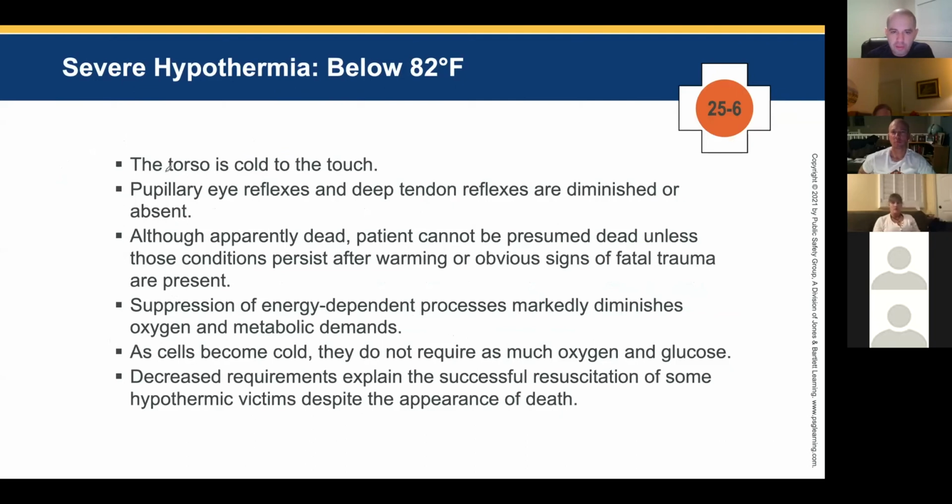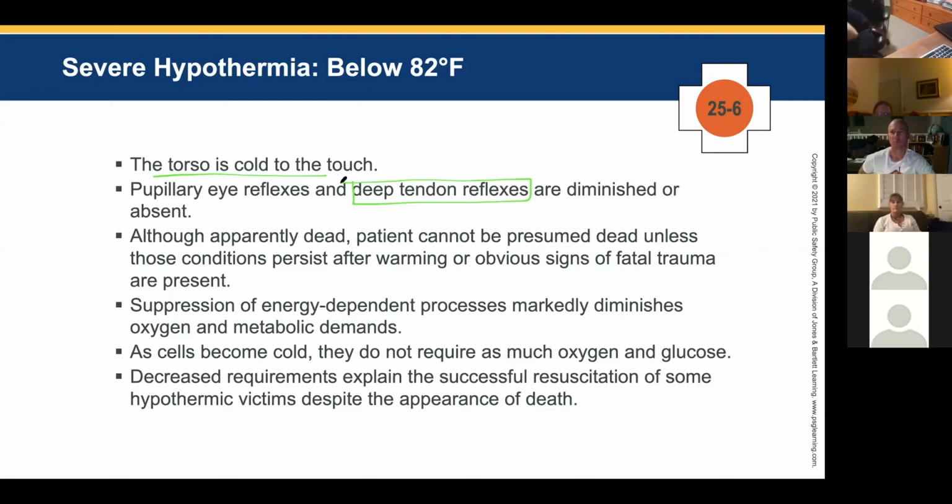So with severe hypothermia, the torso is cold to the touch. Pupillary eye reflex and deep tendon reflex are diminished or absent. What do we mean? I don't think we've covered this yet, but what do we mean by deep tendon reflexes? One example is a patellar reflex.